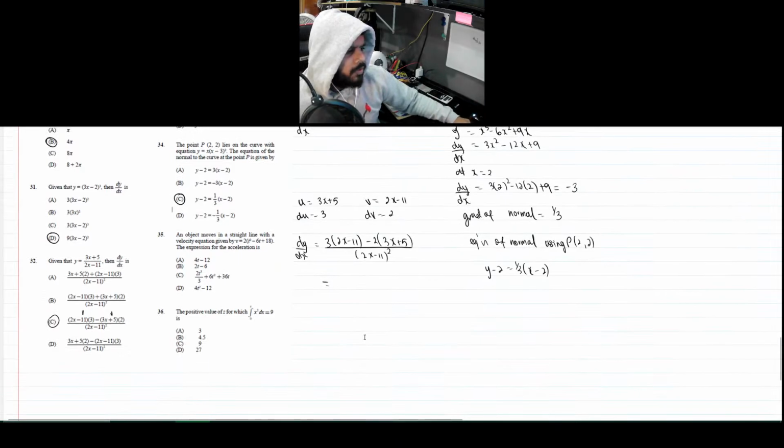An object moves in a straight line with a velocity equation given by that. The expression for x, again, SVA, S-V-A. I have velocity and I want acceleration, so I have to differentiate.